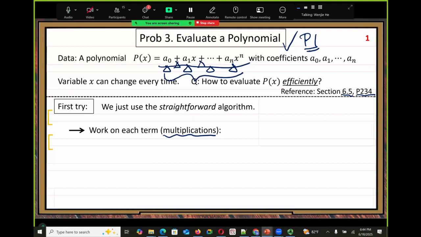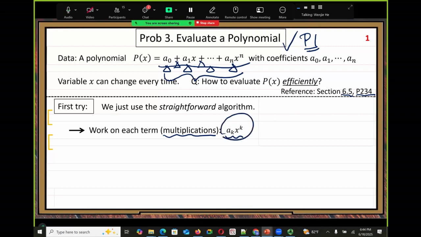All right. This is a typical term. For each typical term, we only have multiplications; we don't have addition here. Now the question: how many multiplications do you need to calculate this single term?